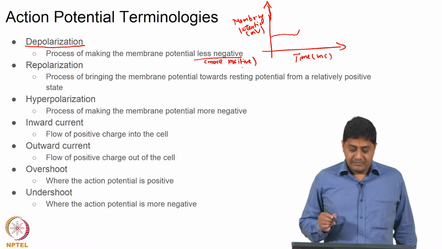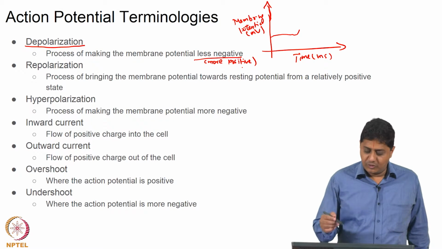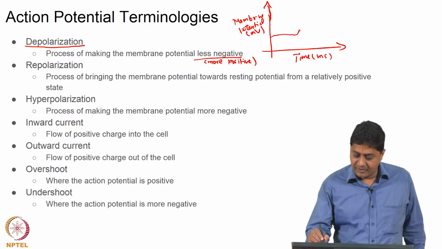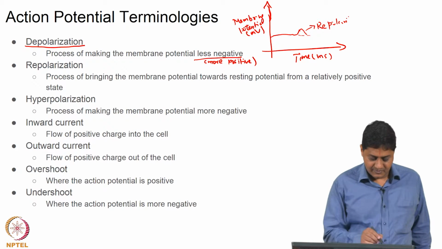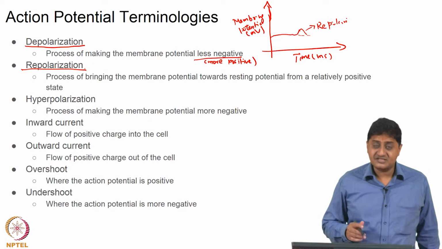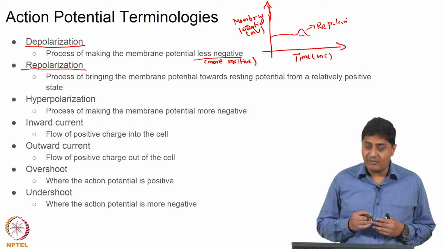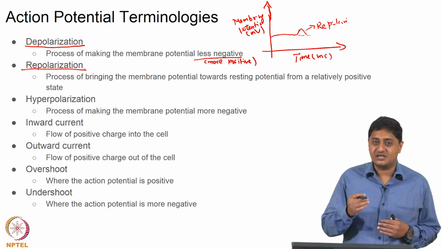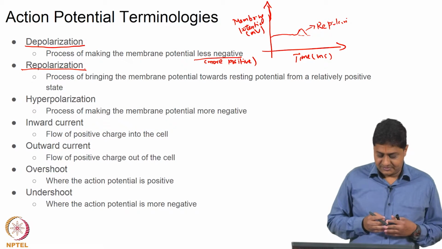Now, if I am bringing the membrane potential back towards the resting membrane potential from a relatively more positive value, that is repolarization. The process of bringing the membrane potential toward the resting membrane potential from a relatively less negative state or a more positive state is called repolarization.